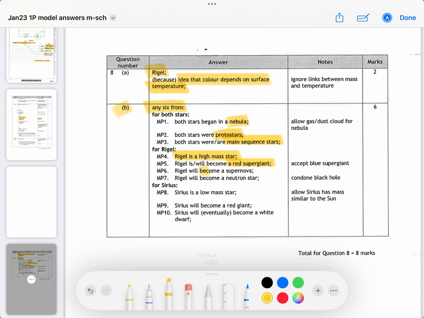It will explode as a supernova explosion and potentially become a neutron star, where the atomic structure is not able to withstand the gravitational field of the core that is the remnant of the supernova explosion.